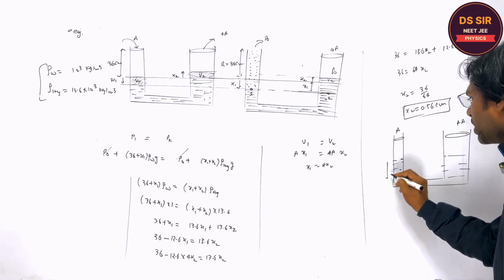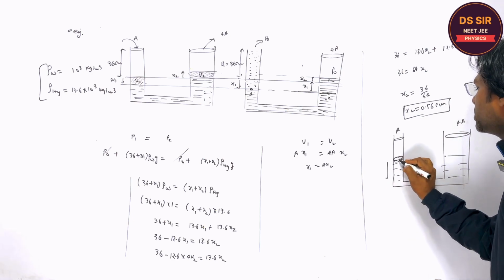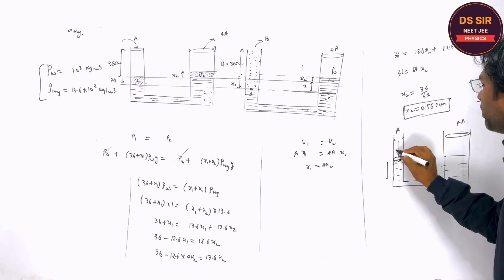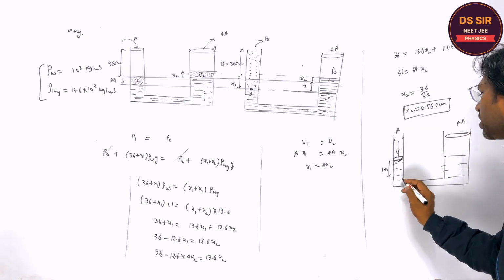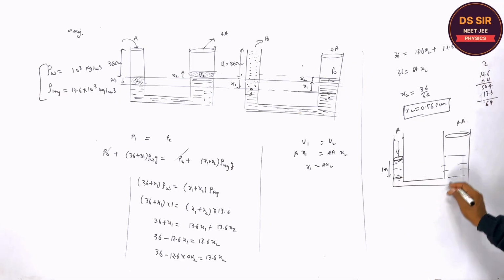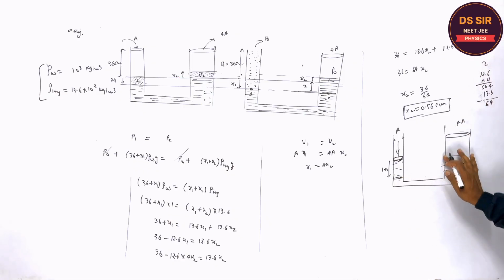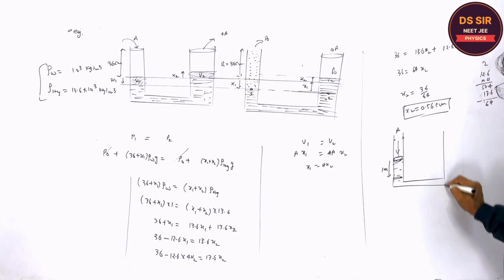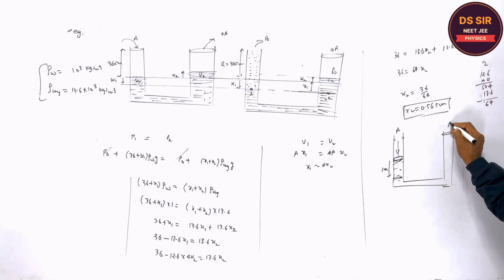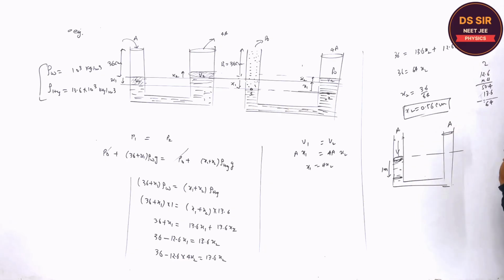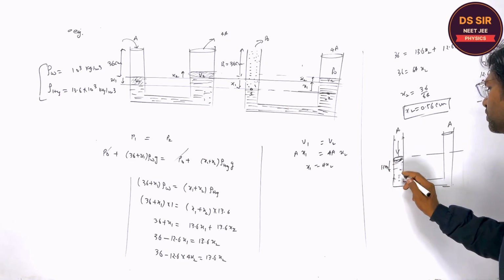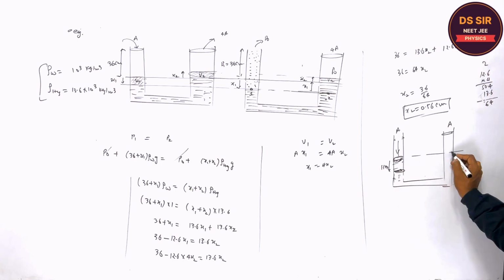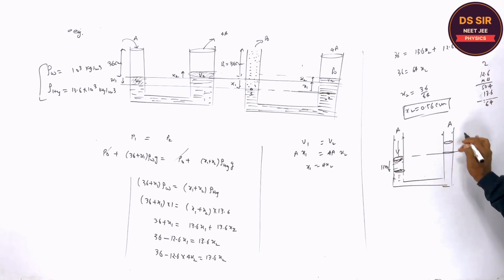If you compress by some piston, suppose there is a piston compressing this, and it goes 1 meter down, and the area is also equal to A and the level is the same. If it has gone down 1 meter by pressing the liquid, what is the rise in this liquid also?